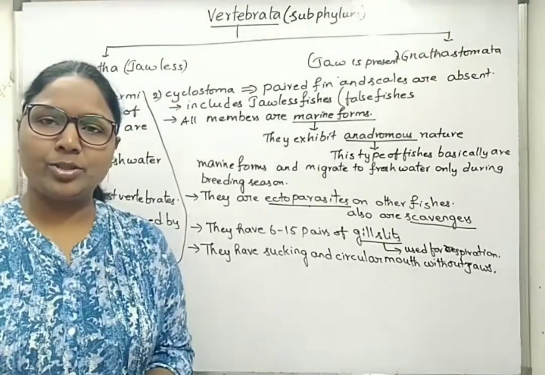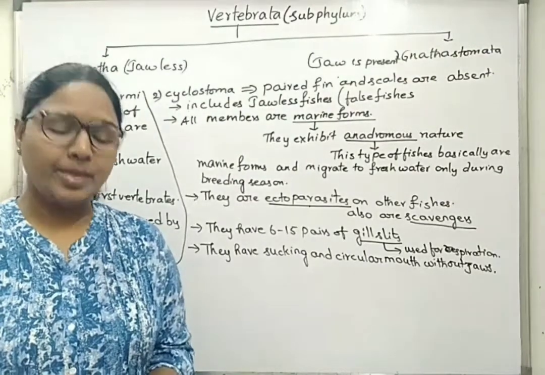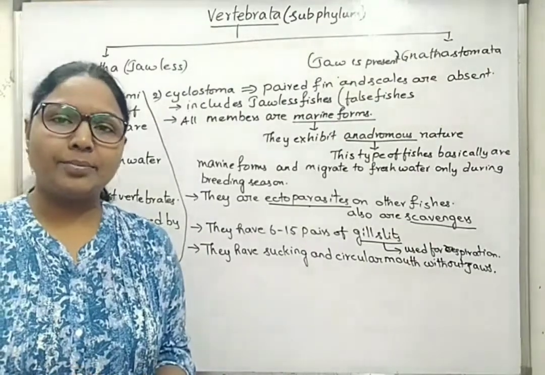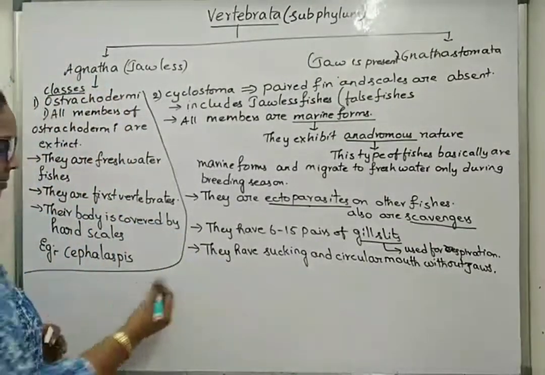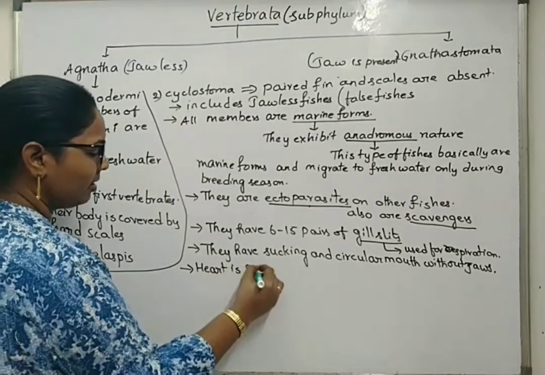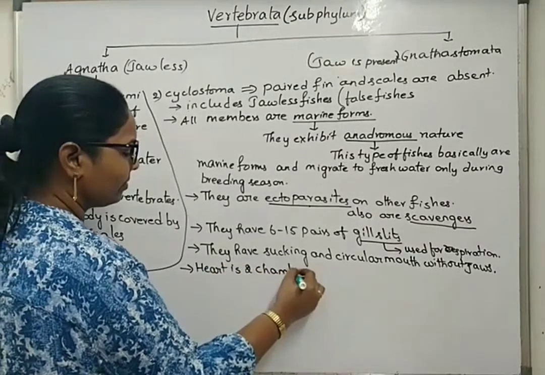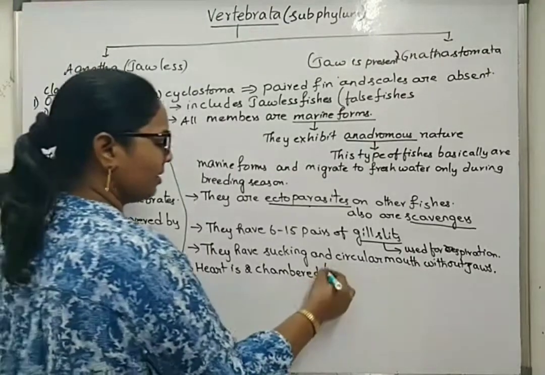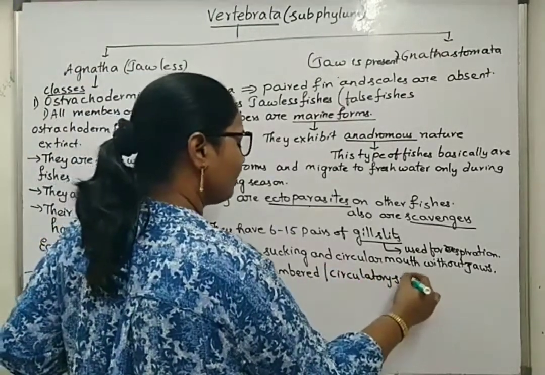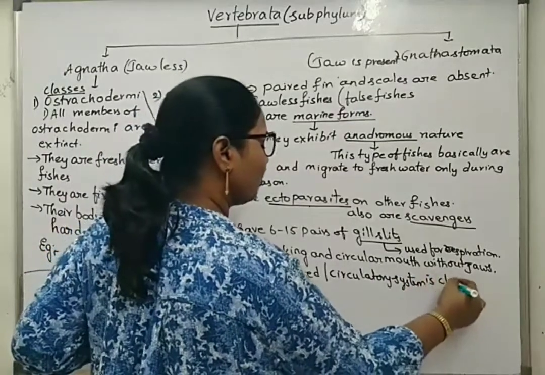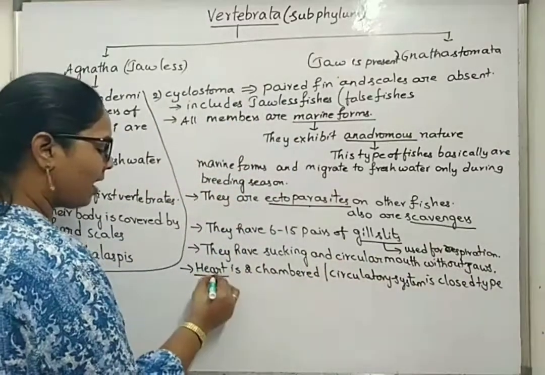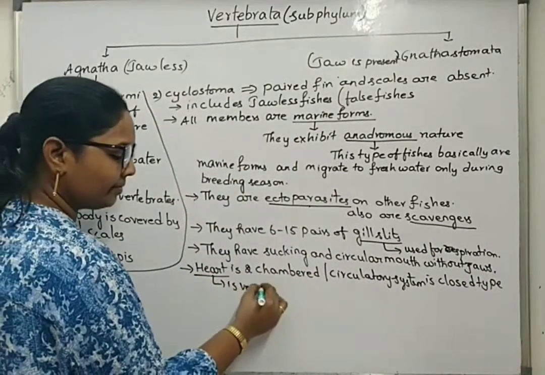Next, the circulatory system is closed type, and the heart is a venous heart.